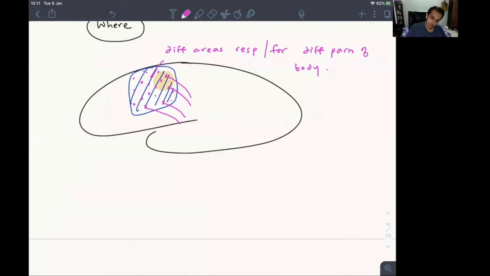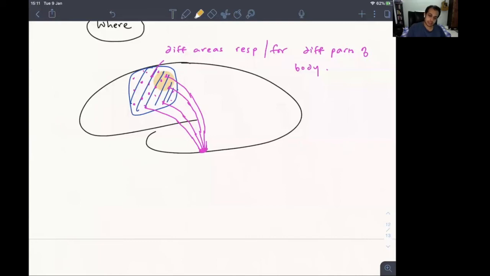But as the fibers come down, they converge and they form a smaller, thicker, more dense structure until it comes down to a point where all the fibers are bound tightly together. Okay.